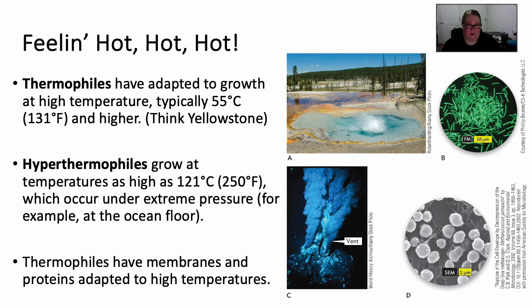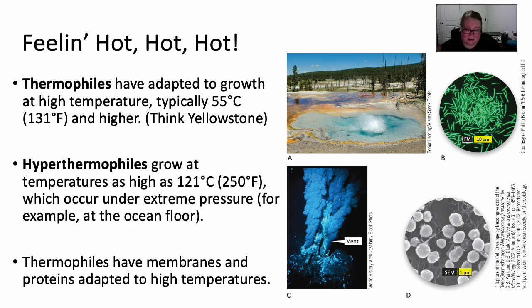Okay, so let's talk about the ones that do not live at normal temperatures, like the mesophiles. So we have the thermophiles. These are going to be bacteria and archaea that can live at high temperatures. So think about 130 degrees Fahrenheit or higher. I like to think about Yellowstone.